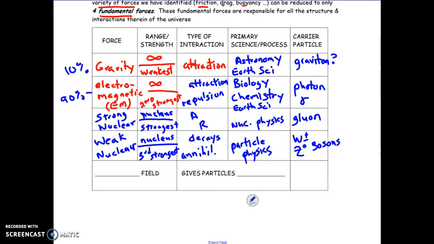Okay, so let's finish up. Perhaps the most important thing is how are these used? I'm sorry, there's a new one here. I added this here. There's another type of force out there that maybe I'll talk more about in class called the Higgs field. Okay, and it was fairly recently discovered and confirmed, even though the idea has been around for a few decades.